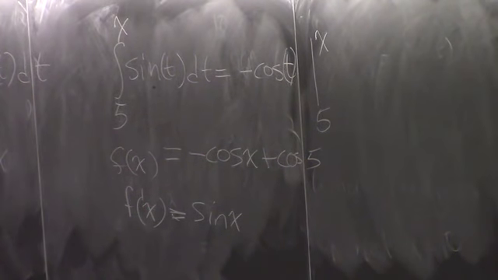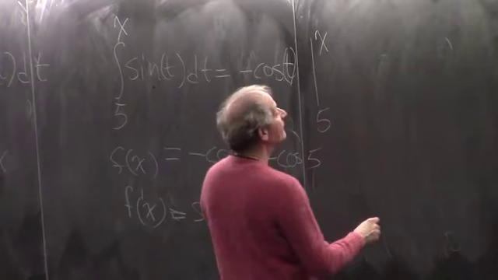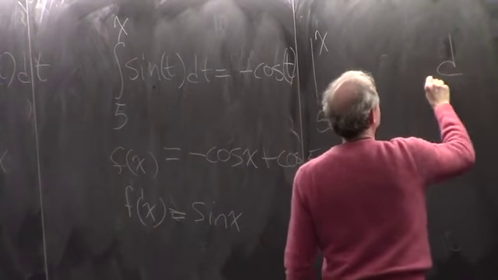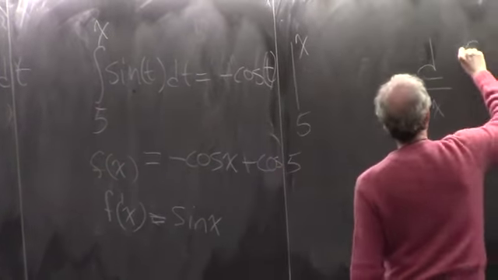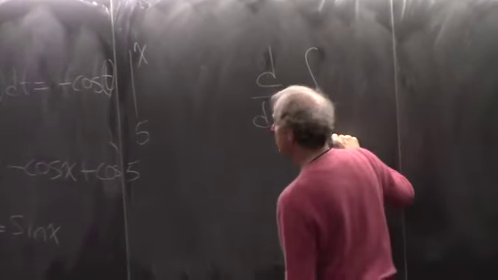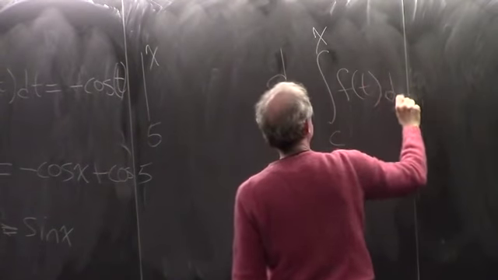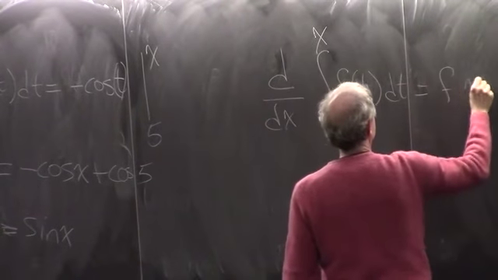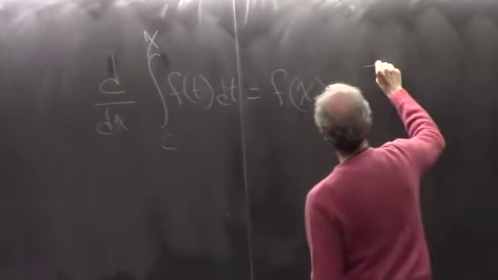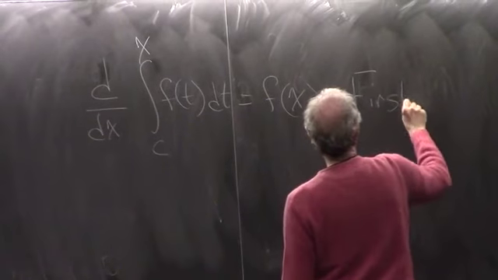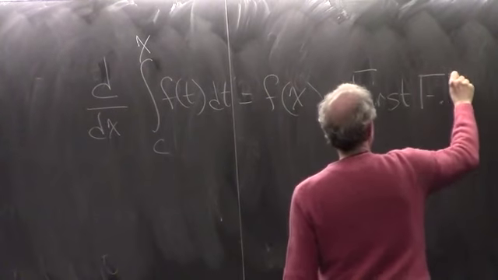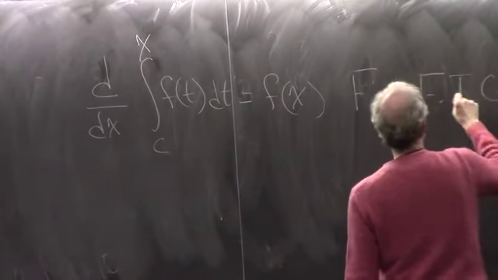Okay? That'll lead us to a rule. The derivative of the integral from any constant to x of f of t dt is just f of x. And that is the first fundamental theorem of calculus.